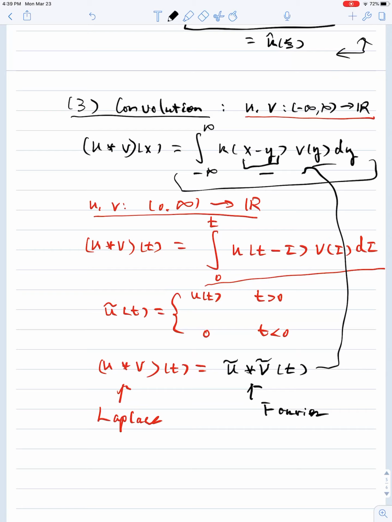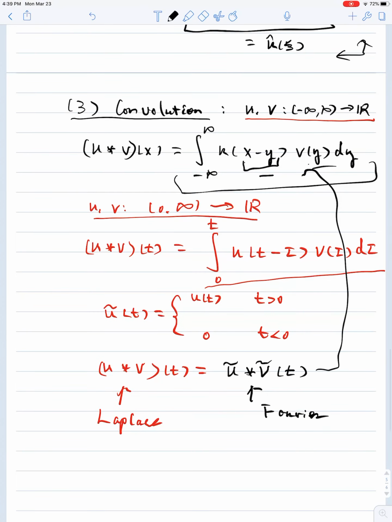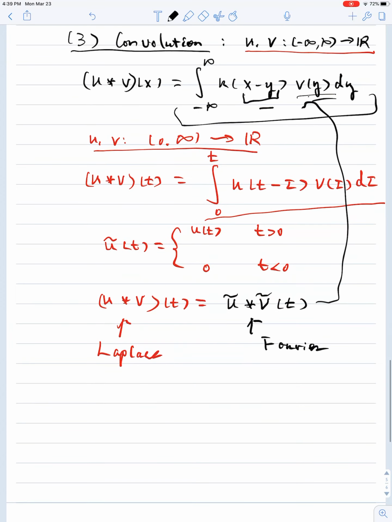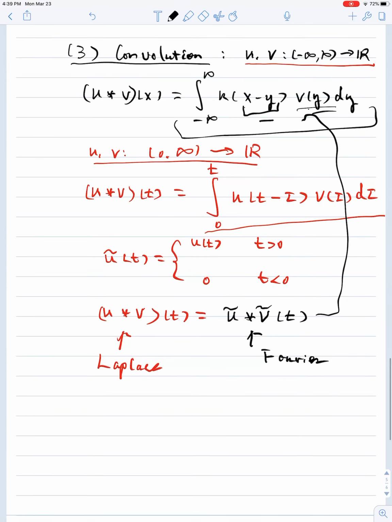And we do not have the integral from negative infinity to 0 because v tilde would be 0 there. So these two definitions are actually consistent, but you just need to extend the function in the Laplace transform case to 0 on the negative real axis.